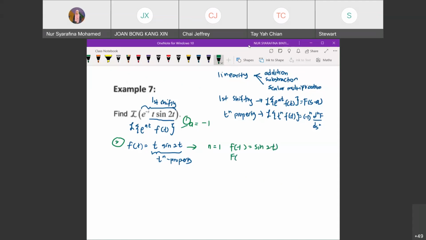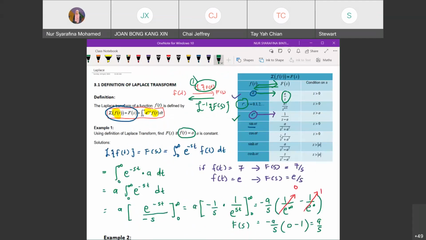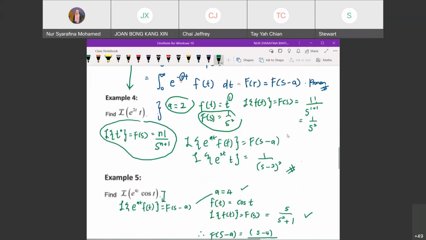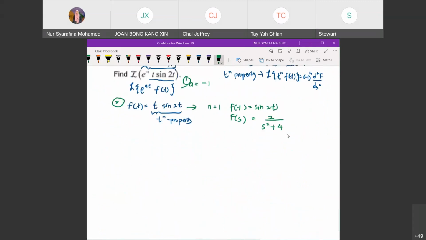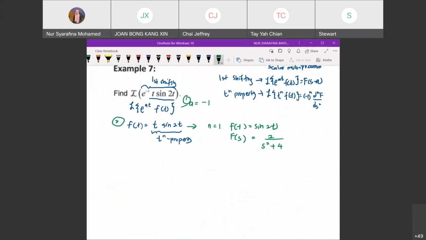So you can have your F(s) equals 2 over s squared plus 4, from sine at over s squared plus a squared. Okay, up until this point, anyone has a problem? Anyone has a question?